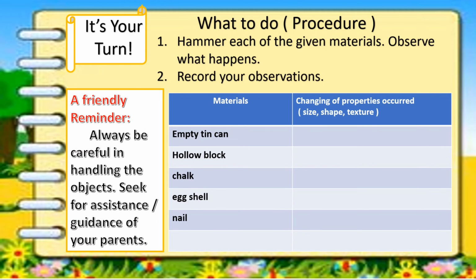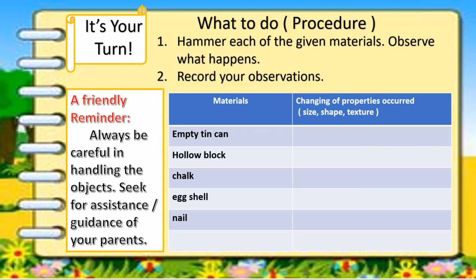Now it's your turn to do the activity. What to do? These are the procedure. Number 1, hammer each of the given materials. Observe what happens. Number 2, record your observations. These are the materials needed: empty tin can, hollow block, chalk, eggshell, and nail.